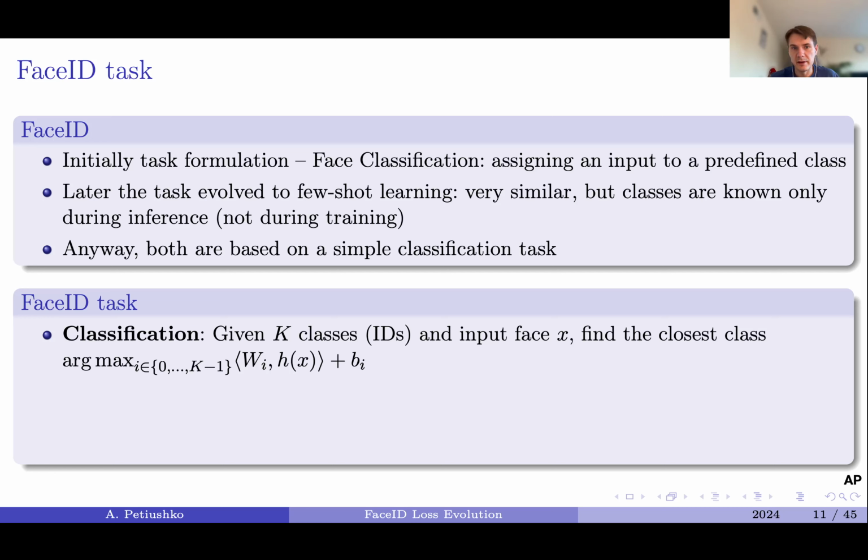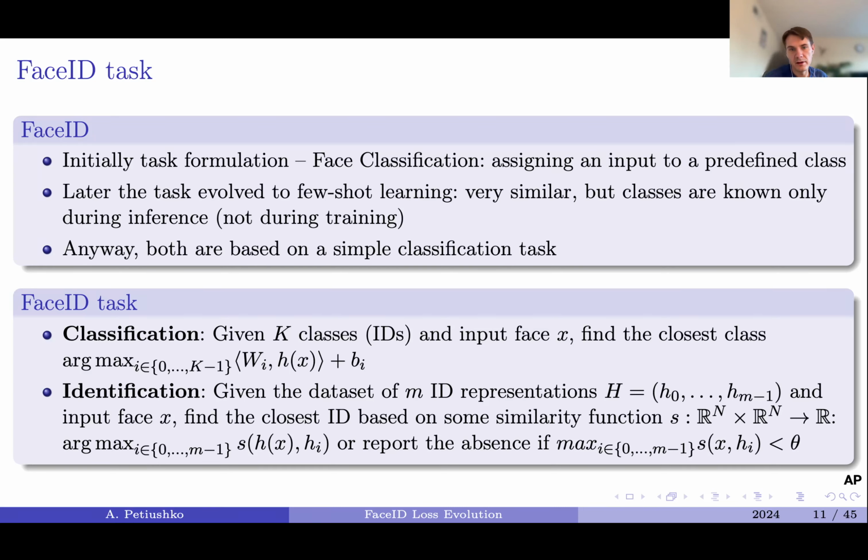And FaceID task, more formally, so classification. Given k capital classes or IDs and input face x, we need to find the closest class as argmax over i in the set composed of 0, 1, etc., k minus 1 of the dot product w_i and h of x plus some bias term b_i.